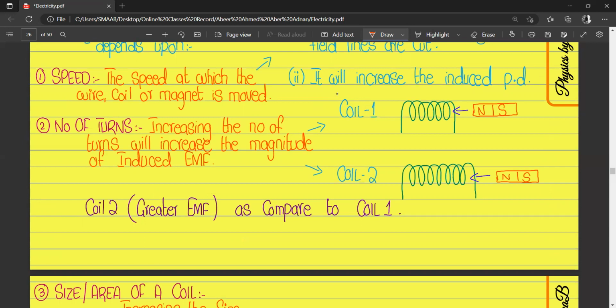So a strong magnet will produce a strong magnetic field, right? So there will be a great change in magnetic field when we pass the strong magnet through the coil as compared to the weak magnet, which has very low magnetic field. And when we pass that weak magnet through the coil, there will be less value of induced EMF, right?